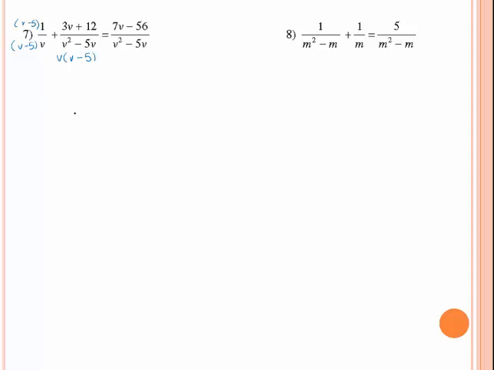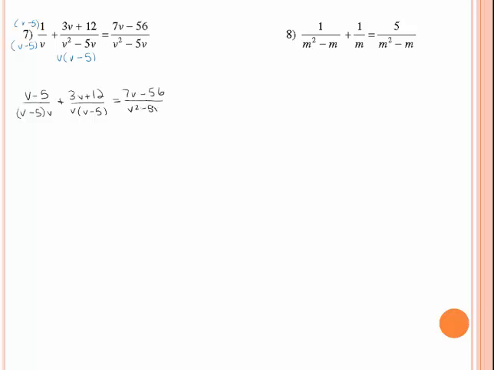So 1 times v minus 5 is v minus 5, and that's over v minus 5 times v, plus 3v plus 12 over v times v minus 5 is equal to 7v minus 56 over v squared minus 5v.